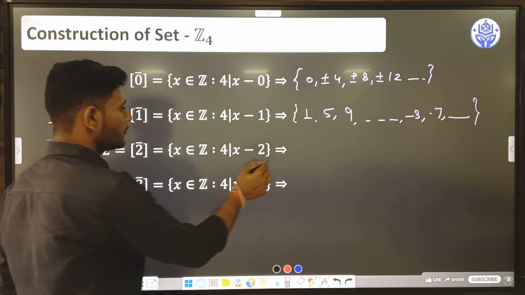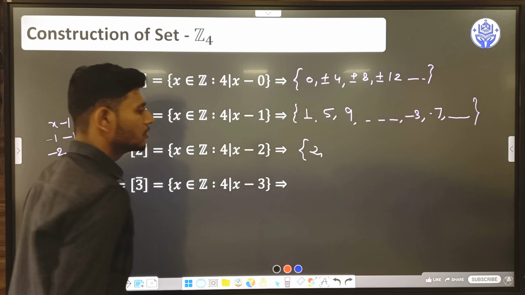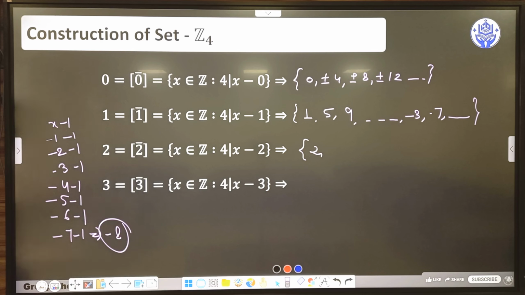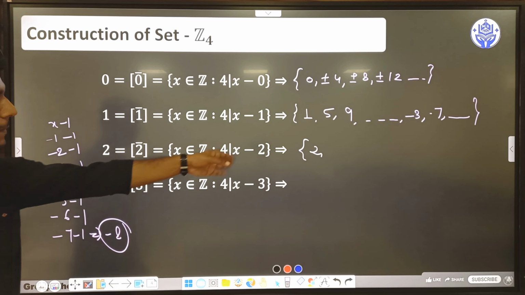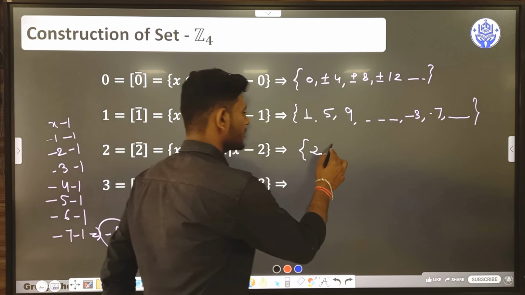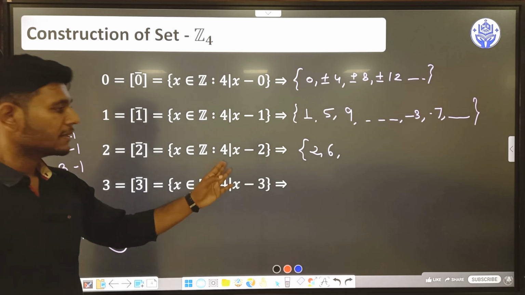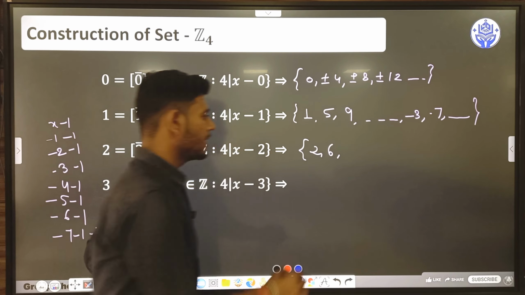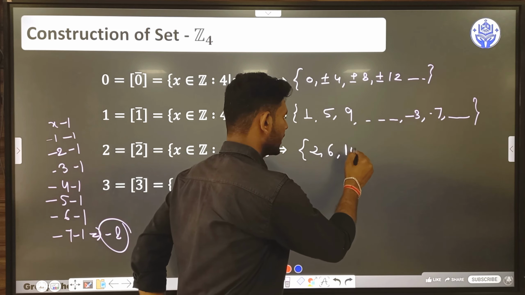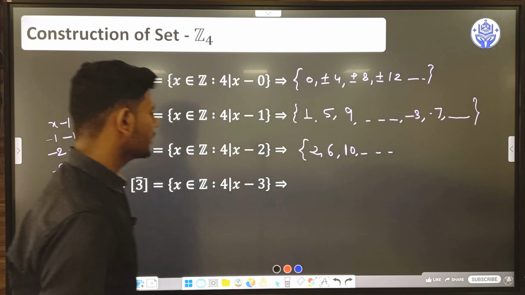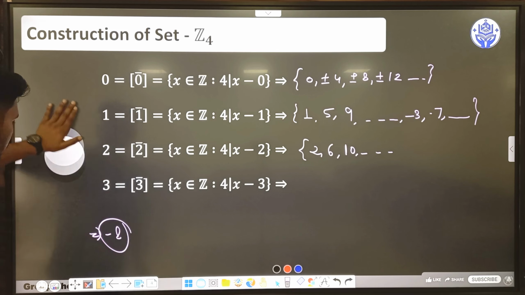So from here what can I do? I can write 2. Okay, and then what can I write here? I can just write 6 minus 2, that is 4. I can write 6. I can write 10. 10 minus 2, that is 8, and 8 is divided by this. I can write 10 here. These are positive quantities. What can be the negative quantities here?